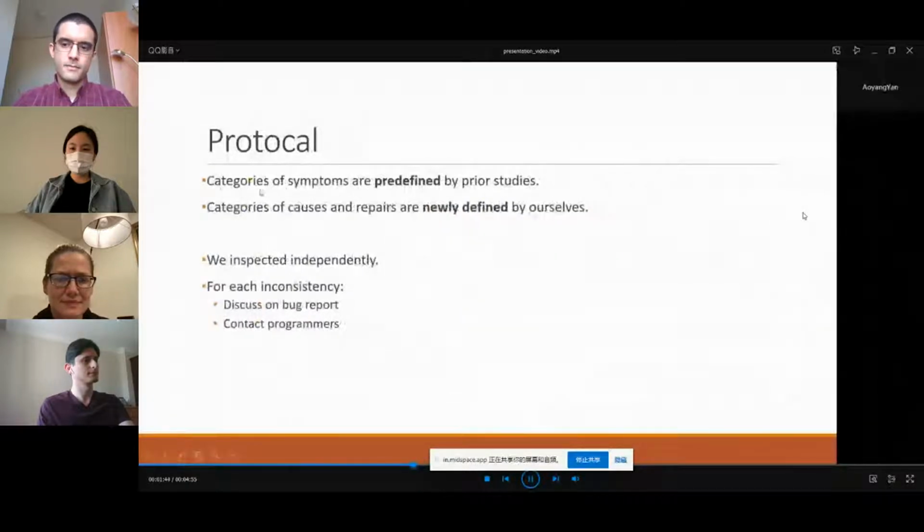The categories of symptoms are predefined by prior studies, but the categories of causes and repairs are newly defined by ourselves, since no prior study has built such categories. We inspected the bugs independently. For each inconsistency in our inspection results, we discussed its bug report or even contacted the programmers by sending emails. Finally, we resolved all inconsistencies.